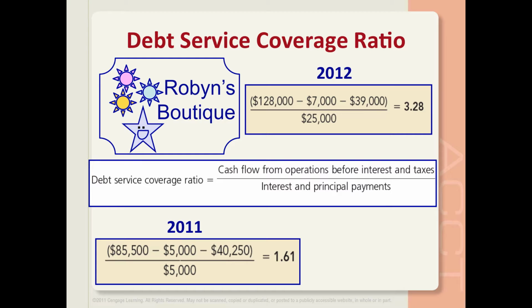So the debt service ratio is used to know whether the amount of cash generated from operating activities is adequate to repay principal and interest in the upcoming year.